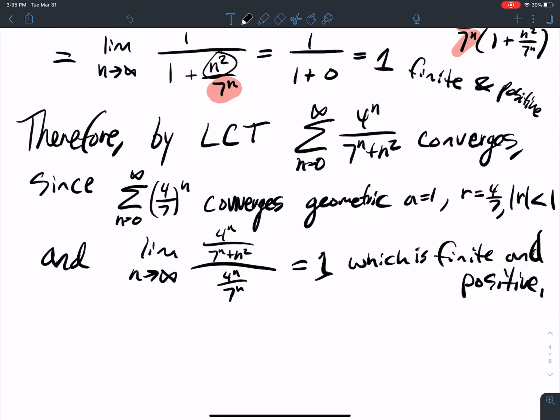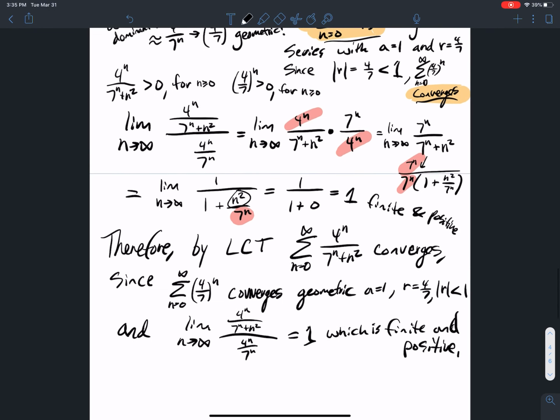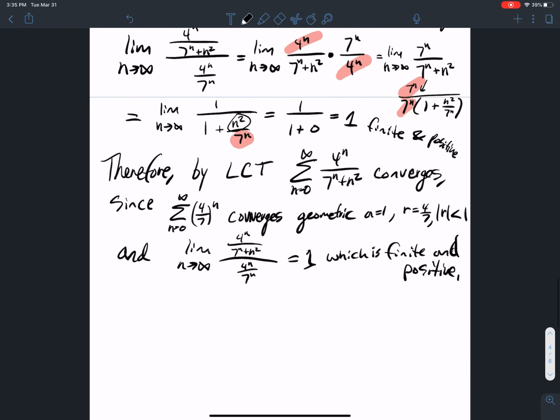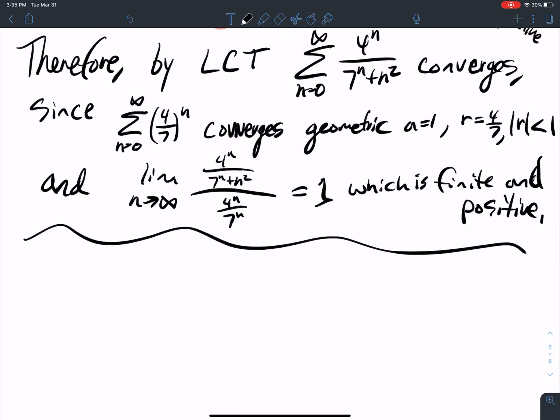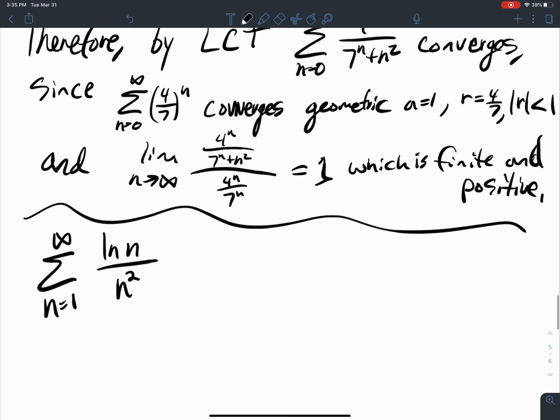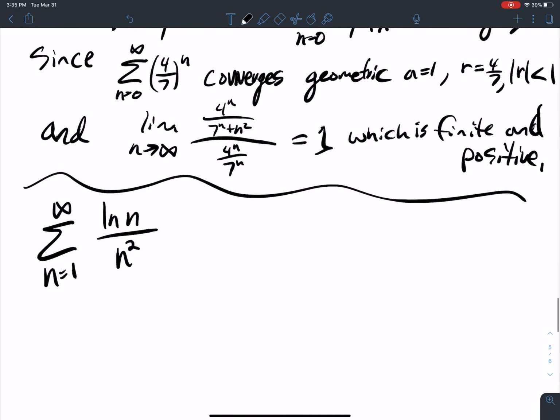Now I want to do one more problem, and this one will hopefully illustrate for us the little trick that we had in the Clarke Way. And so let's go to it. The series n equal 1 to infinity, ln n over n squared. This one's a tricky one. When I look at this, I'm thinking, maybe it converges, maybe it doesn't.